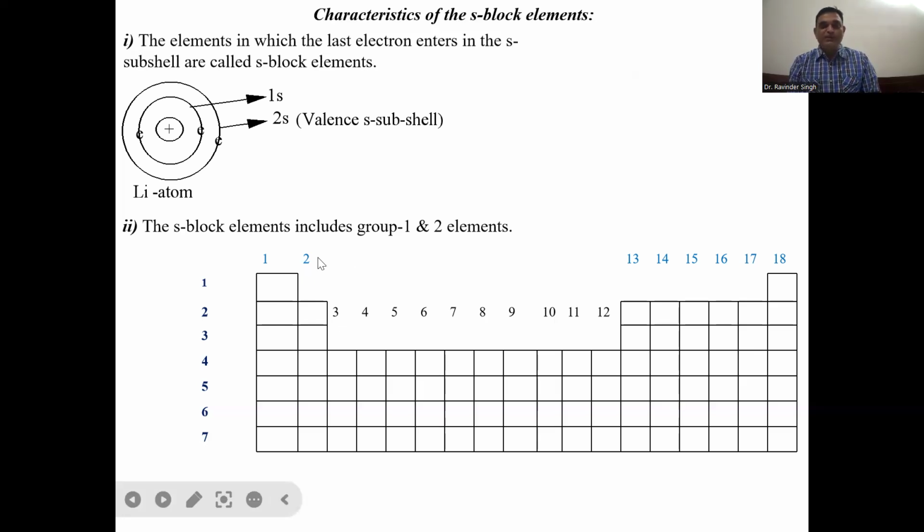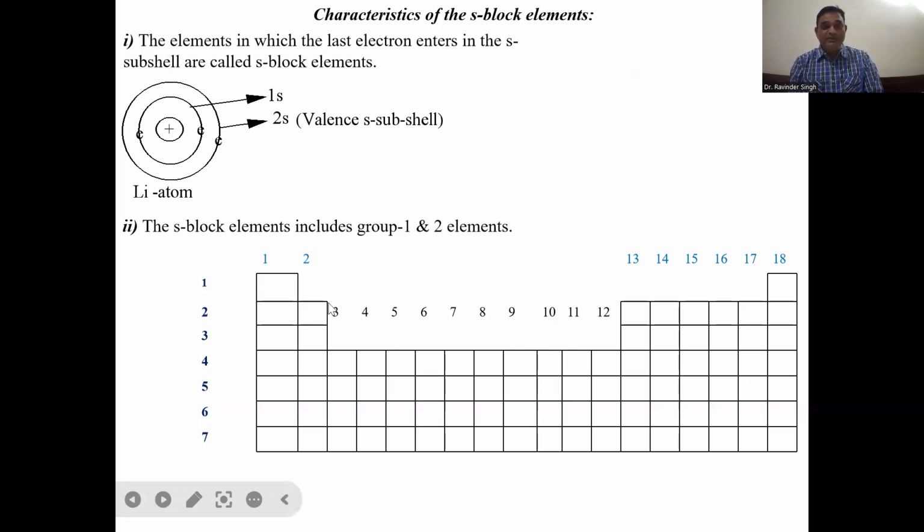So we are just drawing the whole periodic table here. We have shown 18 vertical columns, 1, 2, up to 18, and 7 horizontal rows, 1, 2, up to 7. These vertical columns are called groups, so there are 18 groups in the modern periodic table, and there are 7 periods, the horizontal rows.